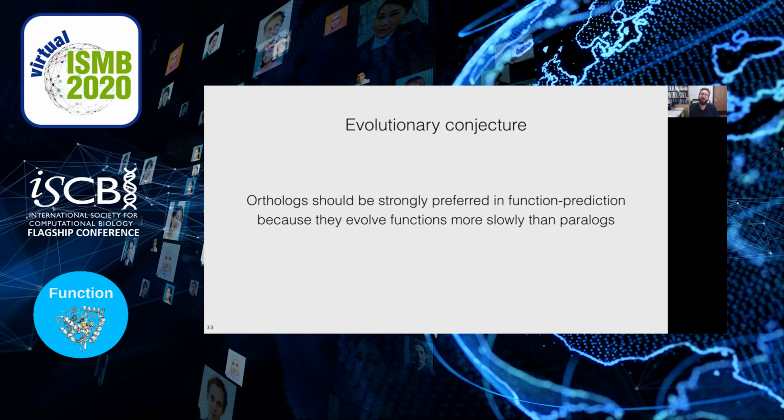The one that we had posed in the 2011 paper, which is written here, is really an evolutionary conjecture because it's combining the pattern that orthologs are more functionally similar than paralogs with the process, which is that evolution is driving this. And I think we can simplify this to just this function prediction conjecture, which is orthologs should be strongly preferred because they're better predictors, regardless of the reasons for this.